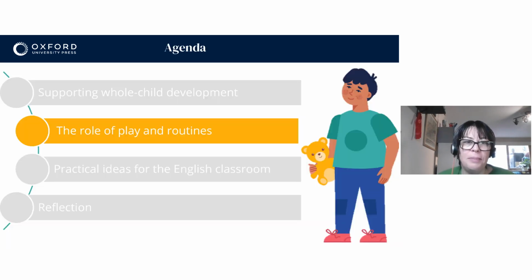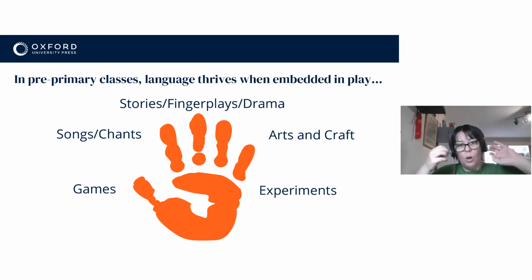So let's look a little bit more at some of the concrete elements that go into making pre-primary learning successful. And we're talking here about the role of play and the role of routine. Now, play may seem like a strange word to talk about when we are talking about classroom management.